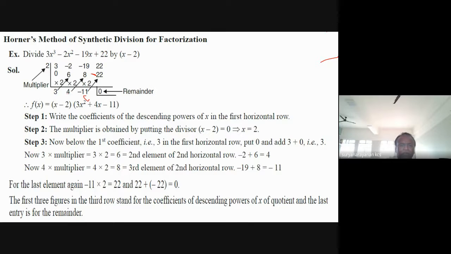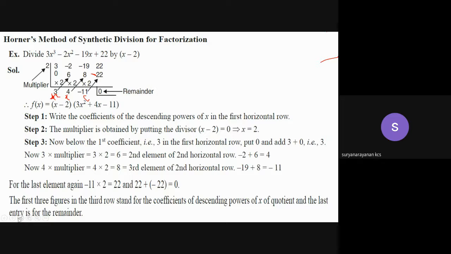This 4 denotes the coefficient of x, and this 3 denotes the coefficient of x square.